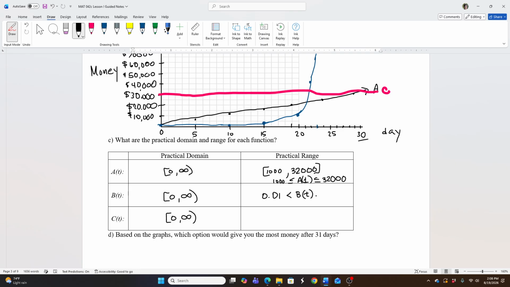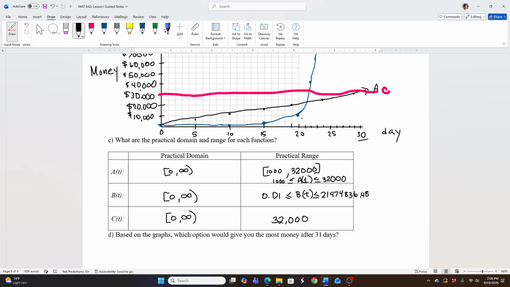The highest value on the chart, without looking up, you guys can look up, is, holy cow, 21,474,836.48. So that is option B. Now for option C, it was $32,000 no matter what. So the range is just that value.